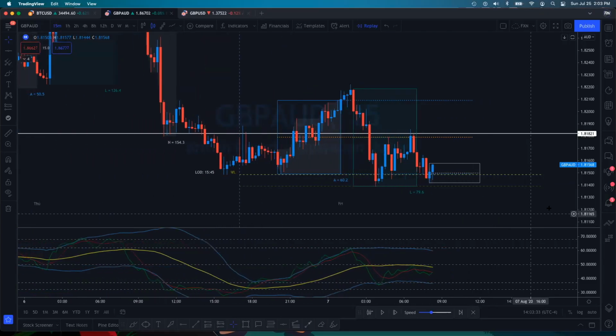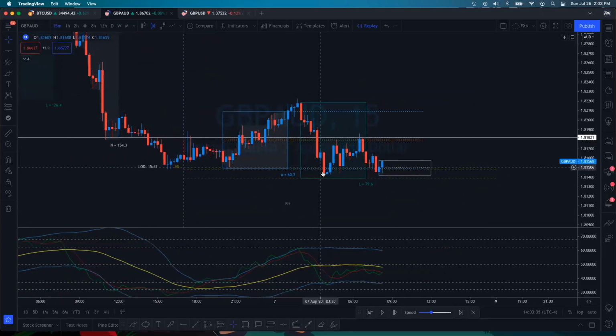But do you see what I'm saying? First leg comes up, second leg, you have some pretty good divergence here on the TDI as well.